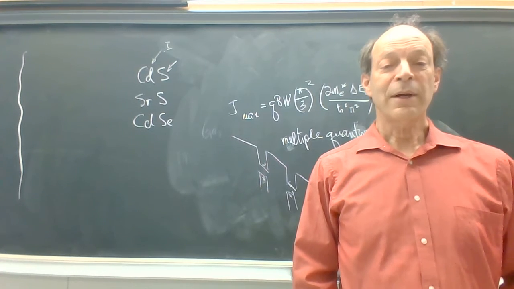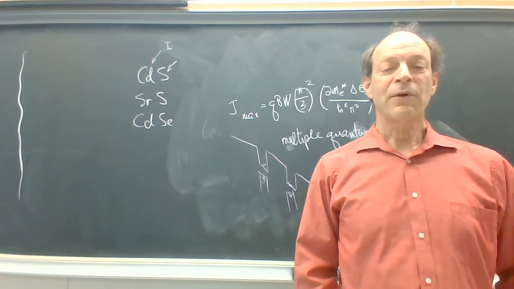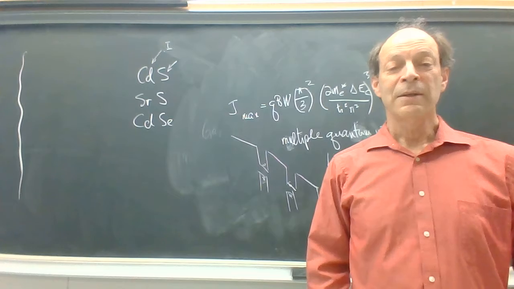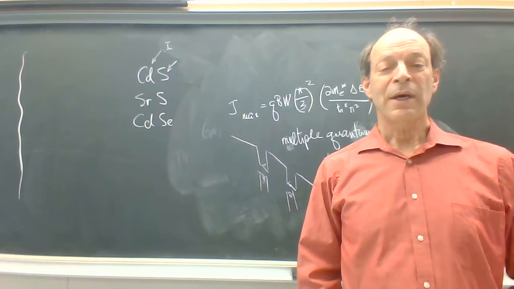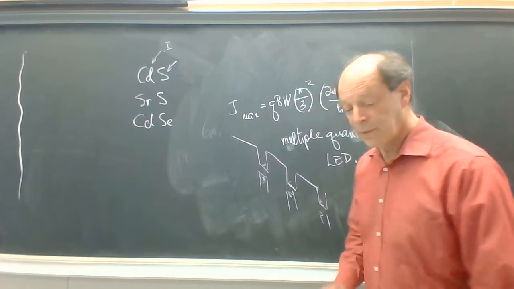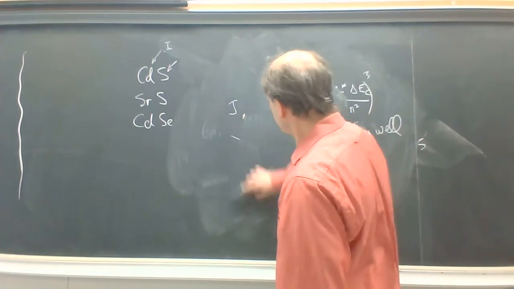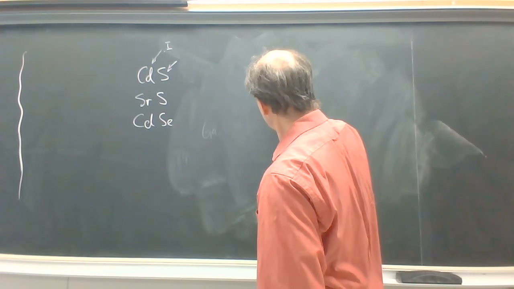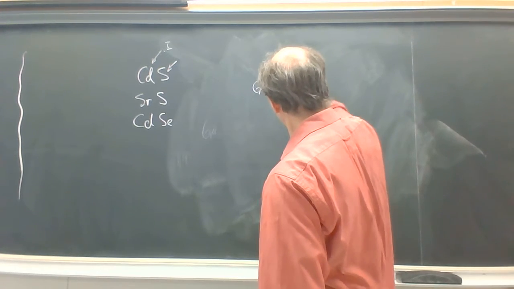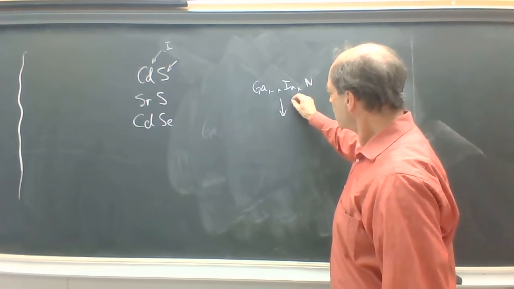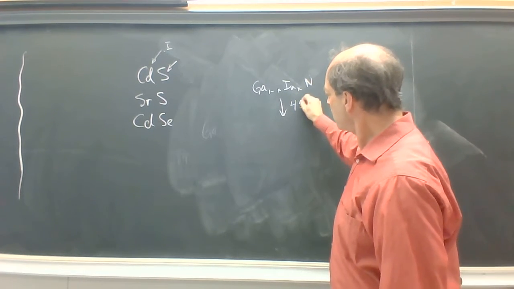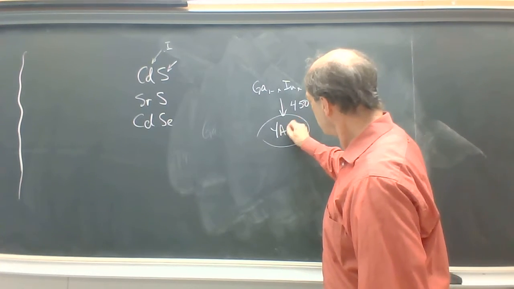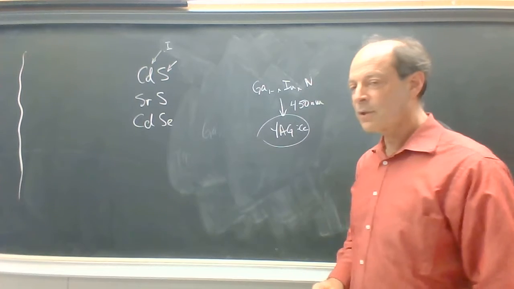In order to create white light, the blue light is actually converted by a secondary phosphor material. And that secondary phosphor material that's the most important is YAG cerium. So once you've generated blue light, the blue light produced by the gallium indium nitride LED is emitted at a wavelength of approximately 450 nanometers, and then it excites YAG doped with cerium.